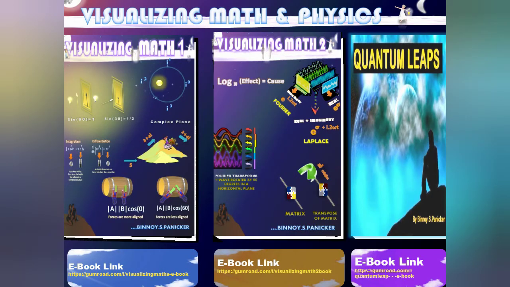Whatever you are seeing is an excerpt from books called Visualizing Math 1, Visualizing Math 2 and Quantum Leaps. These books contain the building blocks of mathematics explained with the help of simple and down-to-earth analogies and examples.